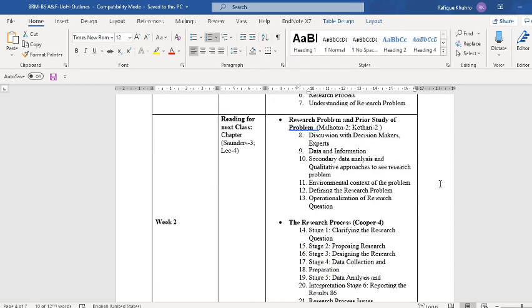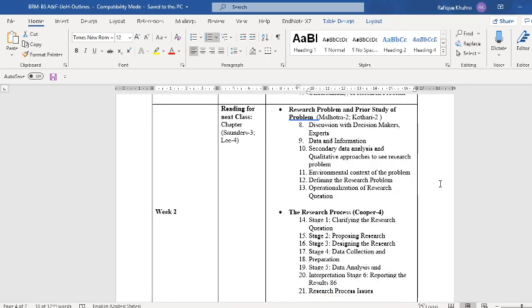It is a very comprehensive outline which discusses research and research methods. Each week is divided as per the research process, and in each week specific chapters are given that are covered from certain books.